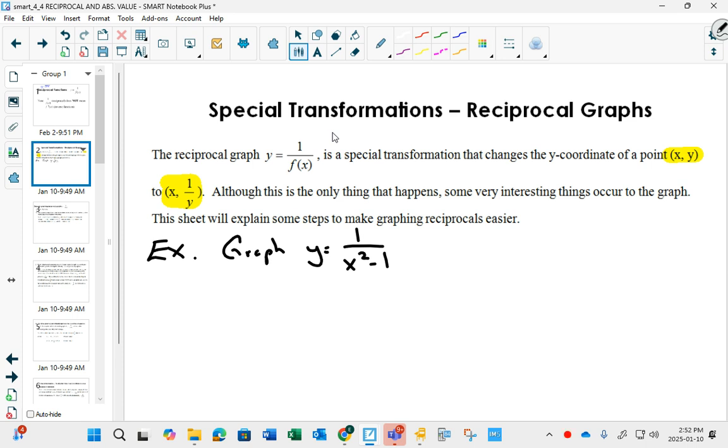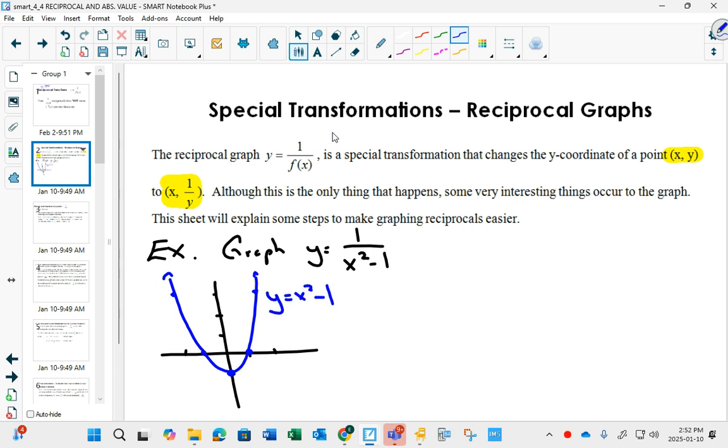So the graph on the bottom is x squared minus 1. That is a really easy graph to draw. It's a parabola shifted down 1 unit. We have no problem graphing y equals x squared minus 1.